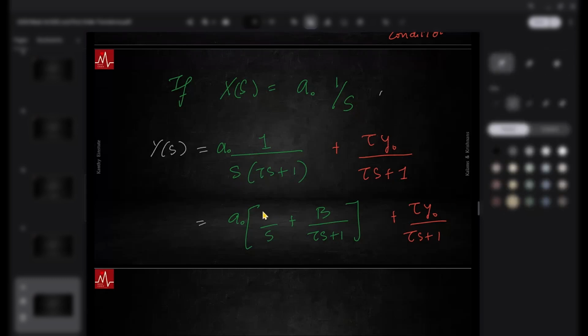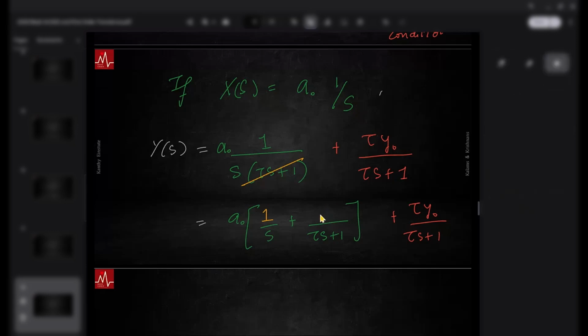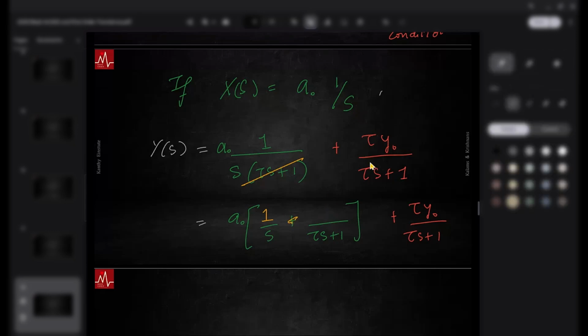I have explained this, method of partial fraction, so I am not explicitly writing down the steps. How do I find B? Remove the singularity, substitute s is minus 1 by tau. So B happens to be minus 1 by tau.